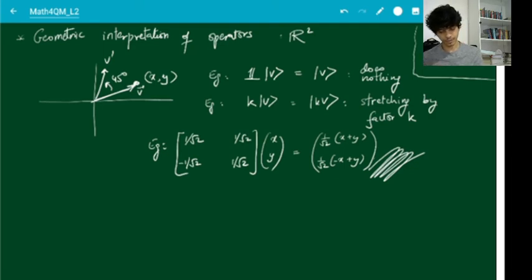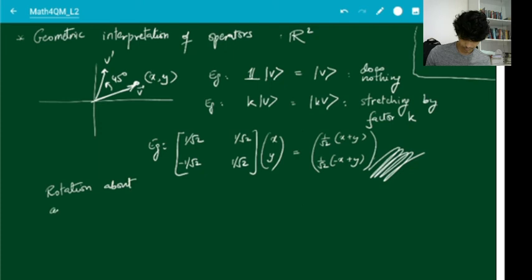So an operation can also take a vector and rotate it. In general, any rotation about an angle theta can be written in this form: cosine theta, sine theta, minus sine theta, cosine theta.